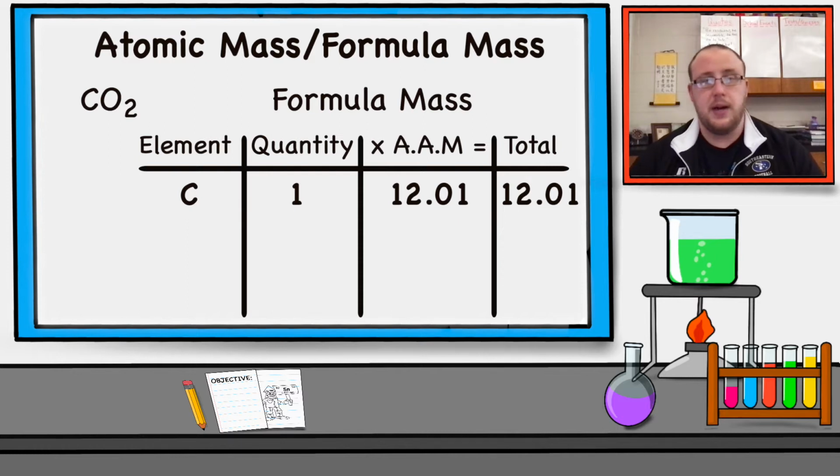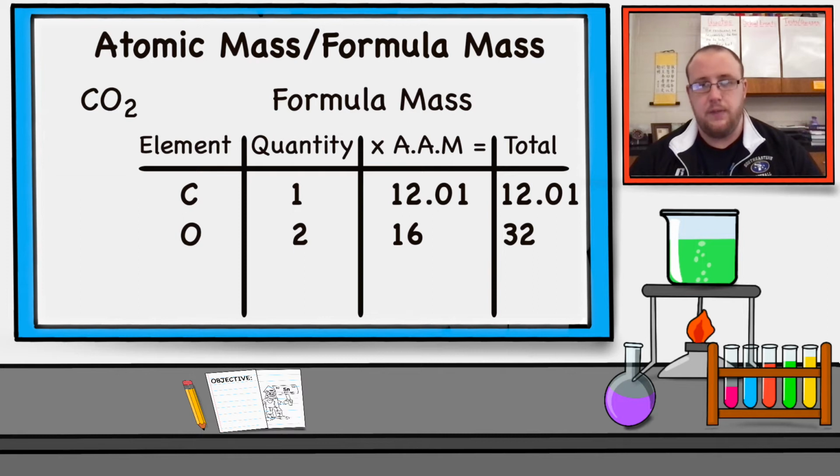Next, I'm going to use my oxygen. I have 2 oxygen atoms. The average atomic mass for each oxygen atom is 16 atomic mass units. So this would give me a total, if I multiply my quantity 2 times my 16, a total of 32 atomic mass units for oxygen.